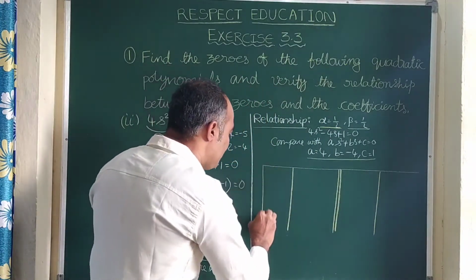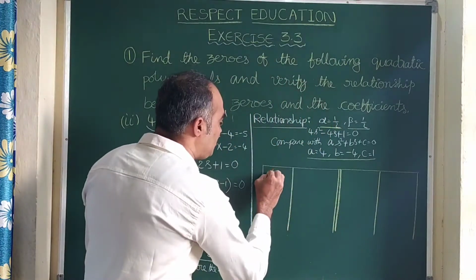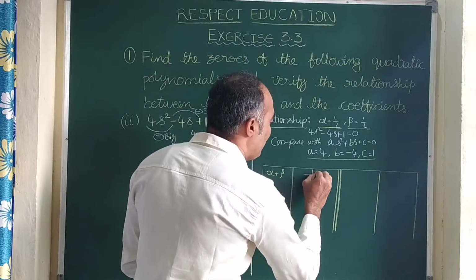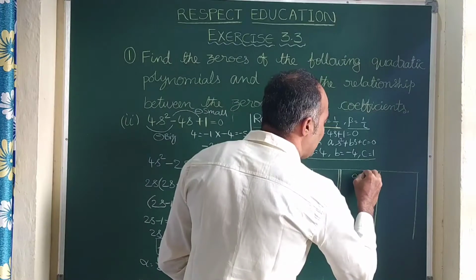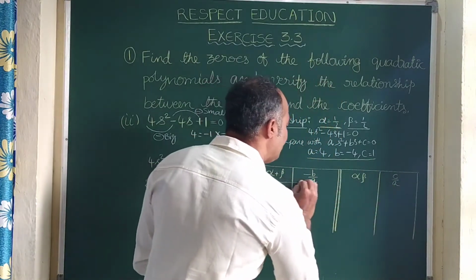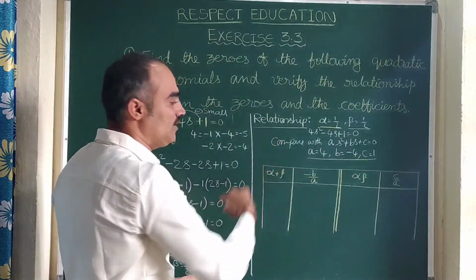Right? So let us take the values here. First one alpha plus beta, in the second one minus b by a, third one alpha into beta, this fourth one c by a. Let us verify whether these values are equal or not by substituting the values.